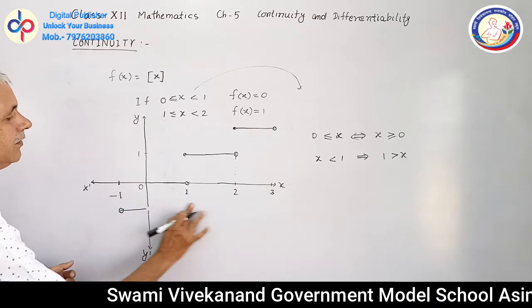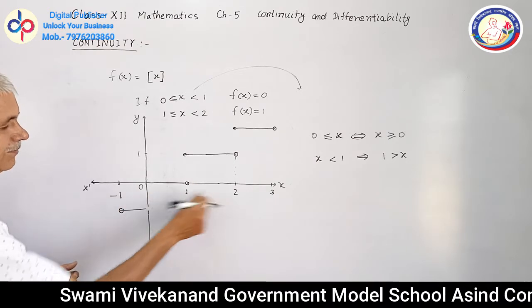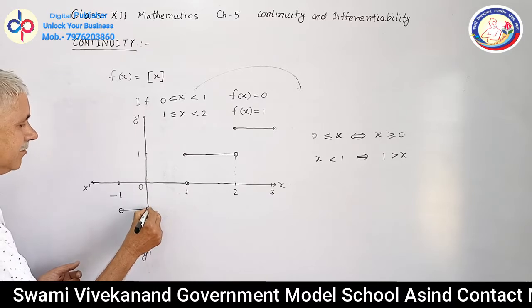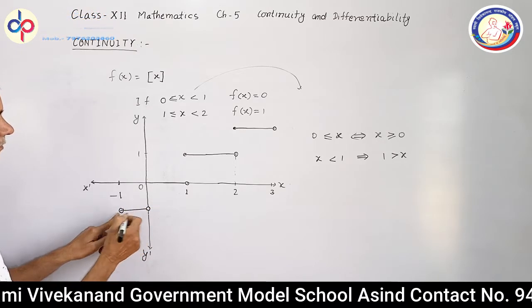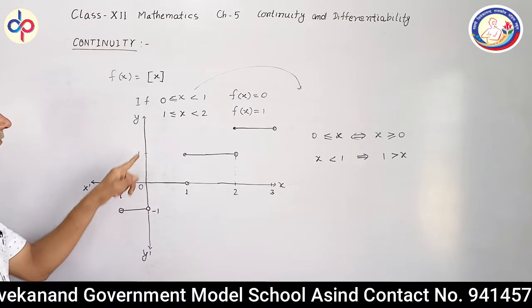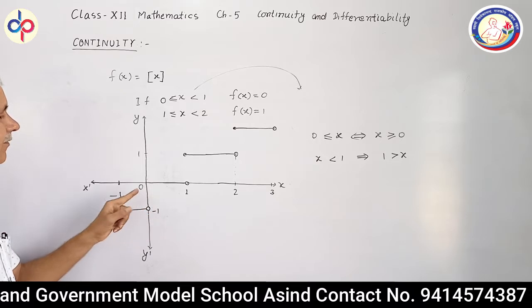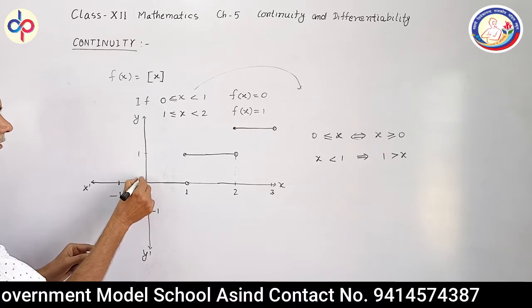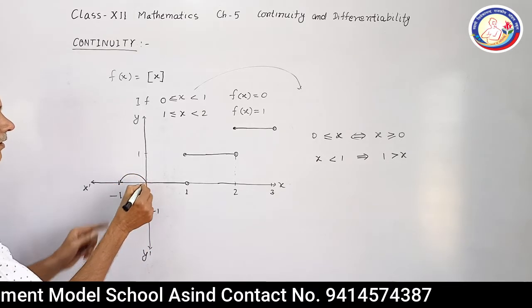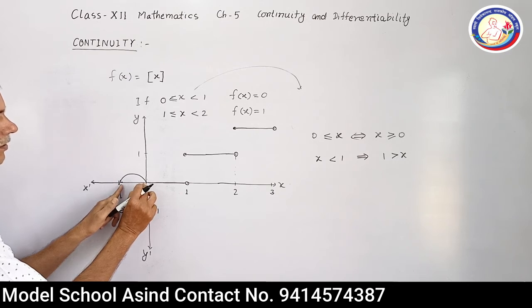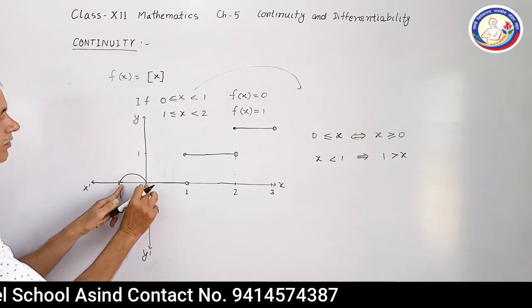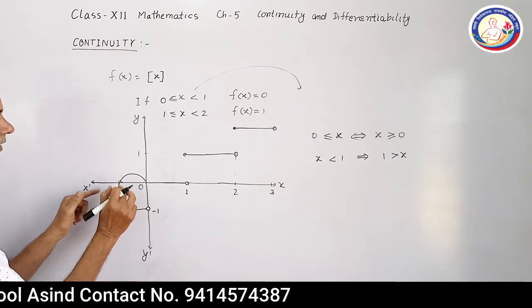And 0 will not be. This was for explanation. I am erasing it. Yes. This will be the value at minus 1. The value of y will be minus 1 for this whole interval from here to here, including minus 1 and excluding 0.